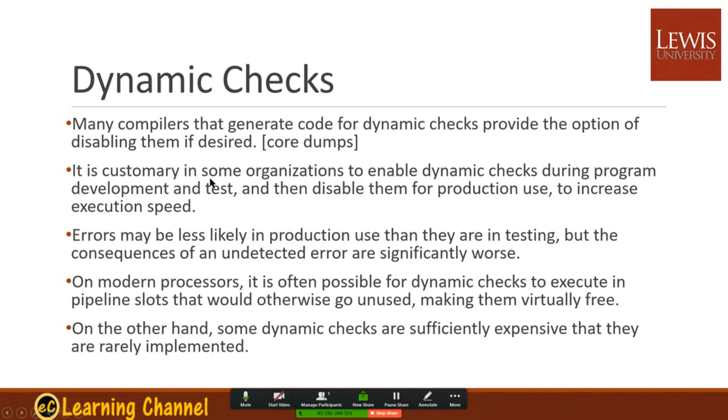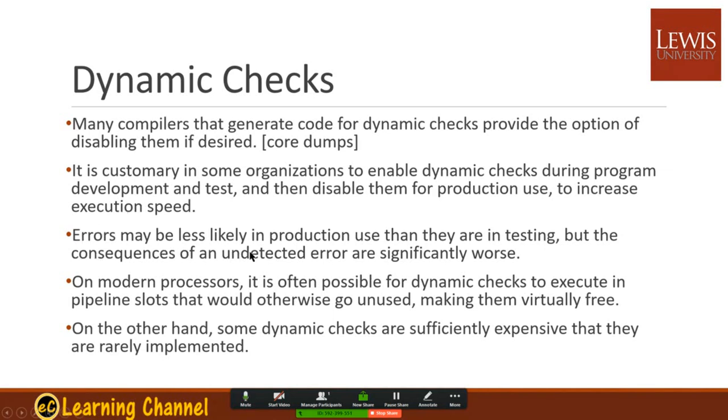It's customary in some organizations to enable dynamic checks during program development and test, and then disable them for production. So commercial tools do have such capability to do dynamic checks for the program at development or debugging time.